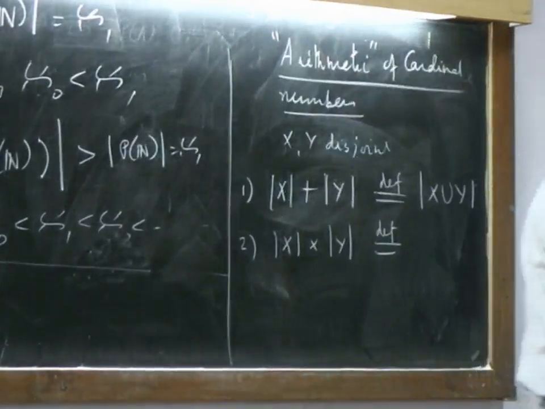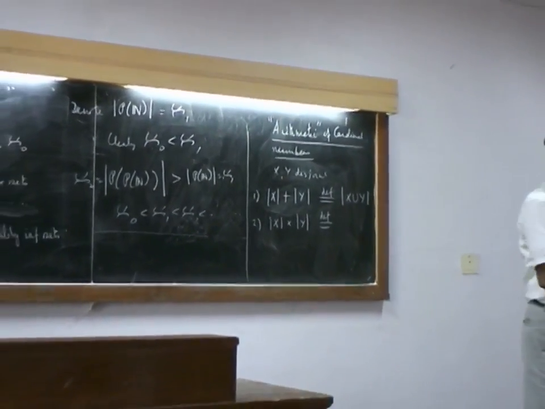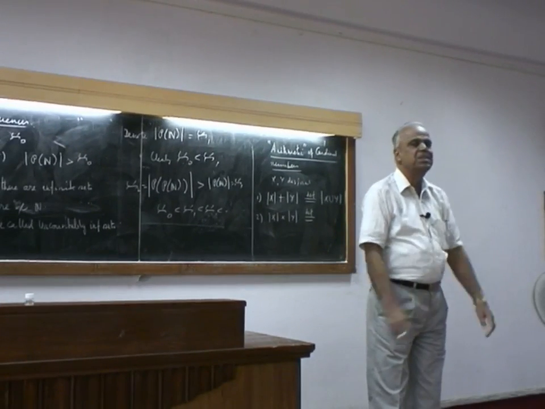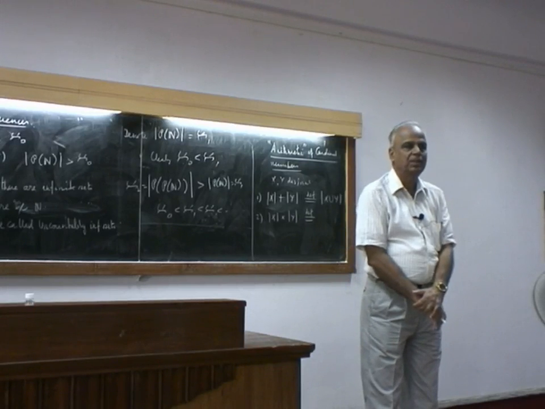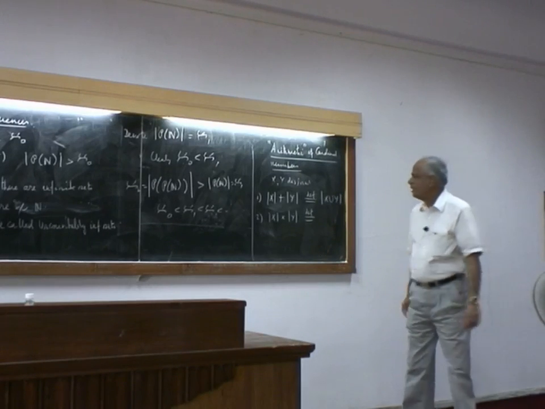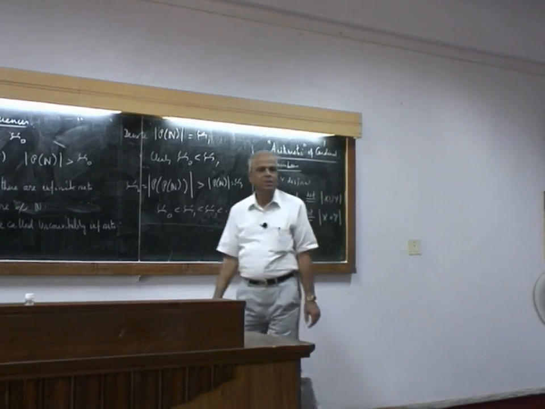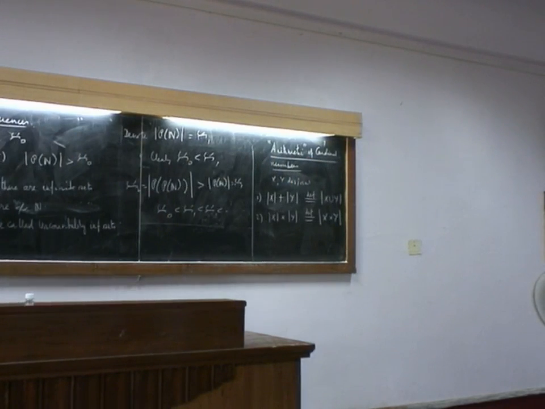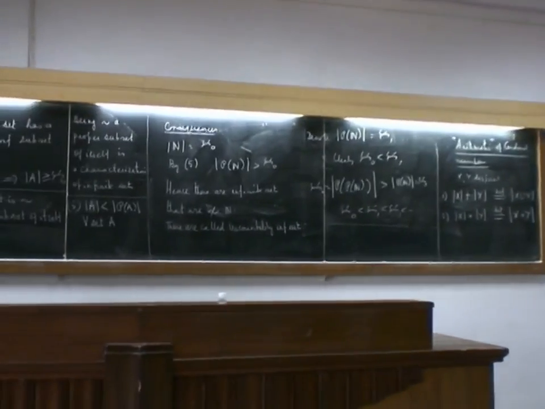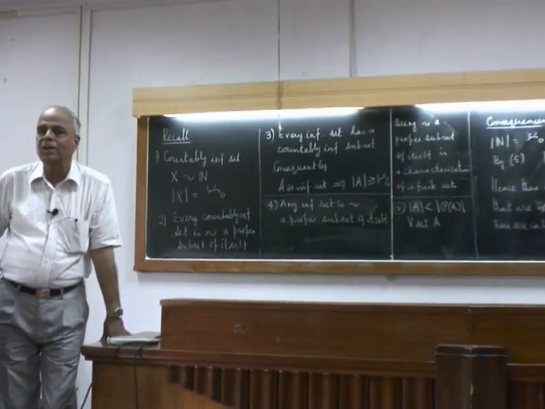How do I realize it in terms of sets here? 2 can be realized as AB, 3 can be realized as set XYZ, but how can I realize this number 6 from these two? The Cartesian product x cross y will have exactly 6 elements, and that's what we are going to use. The size of the Cartesian product of x and y is, by definition, called the product of the two numbers, the cardinality of x and the cardinality of y.